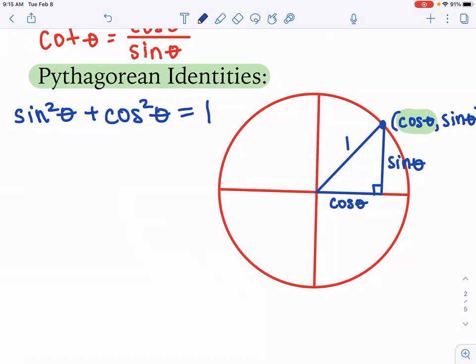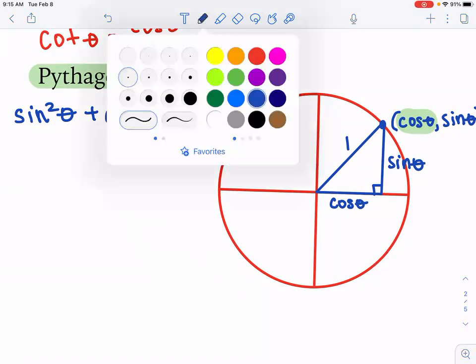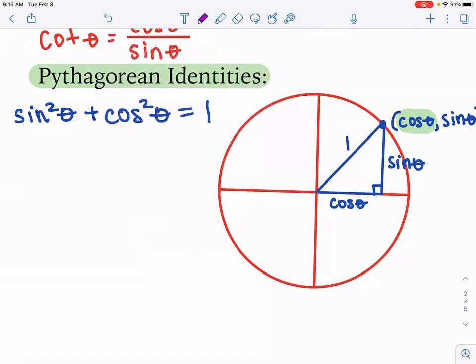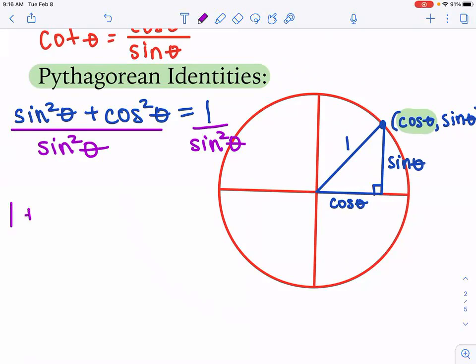Don't write down what I'm doing quite yet. The other 2 we can get, you can either memorize them or you can remember what I'm doing right here. Let's say that we divide both sides by sine squared theta. If I were to do that, then what is sine squared over sine squared? 1.